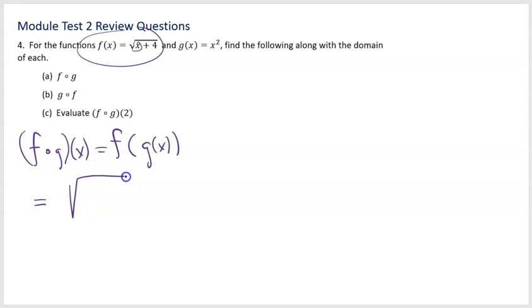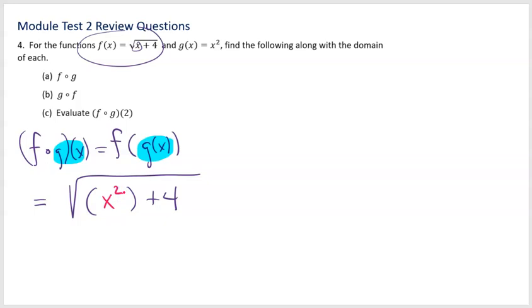So that's the square root of parentheses plus 4. Now what goes in the parentheses is my inside function, the g of x, what's written second. And so I write that entire function, which is x squared, in every set of parentheses that shows up.